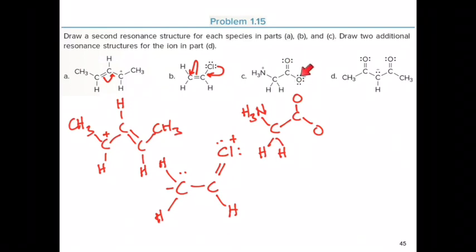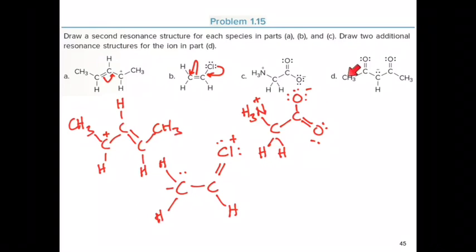So one of the lone pairs of this oxygen can form a double bond with this carbon. So now you have a double bond here, and 2 lone pairs, and this bond here between these 2 atoms will break and will turn into a lone pair, and it will go towards the oxygen. So now you have 1, 2, 3, 4, 5, 6, a negative charge here. And forget about the positive charge here. And that's it. This is one of the resonance structures for this molecule, or for this ion.